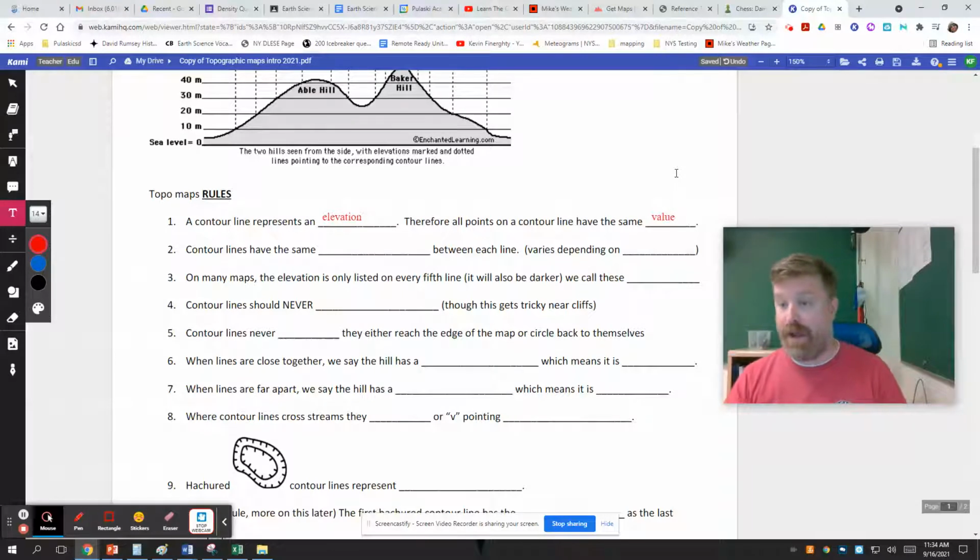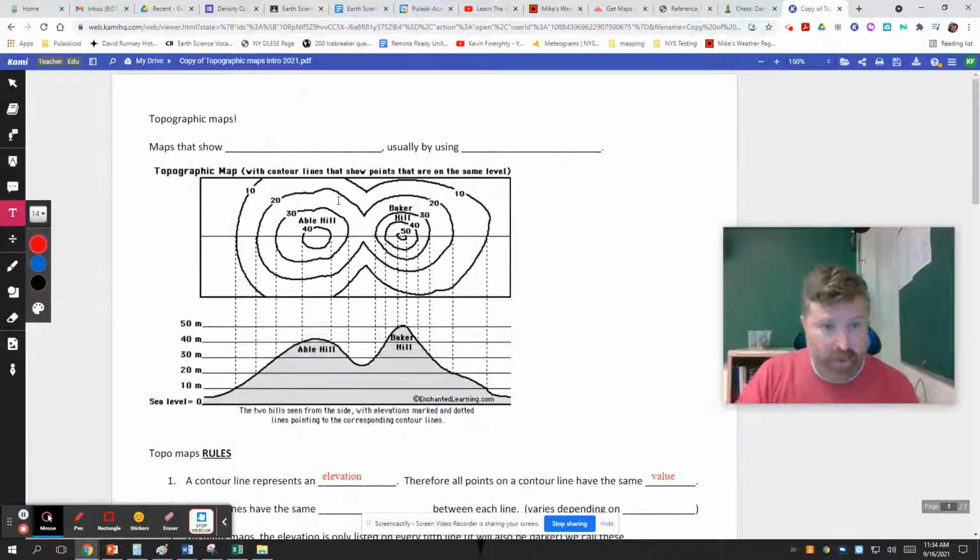Okay, so if we had a map, and depending on how this unit goes, we'll look at one for the high school. If we went out there on that front lawn, we'd be at a certain elevation. I don't remember off the top of my head, somewhere around 250 feet above sea level. If you walk on that line, you're not going uphill, you're not going downhill. You're always going to be at 250 feet above sea level. Or maybe we look at it here.